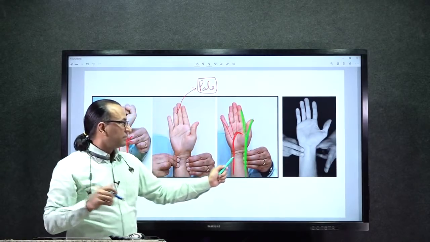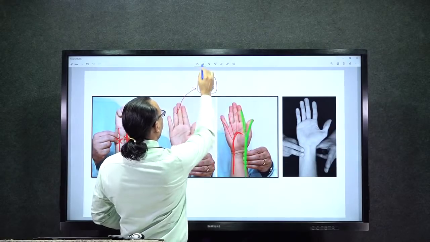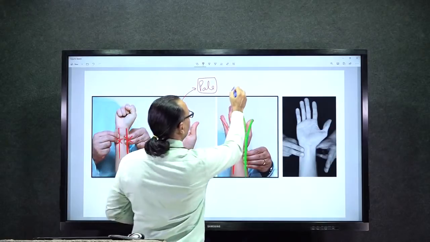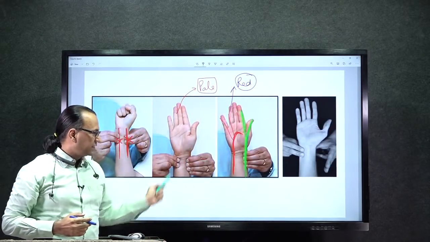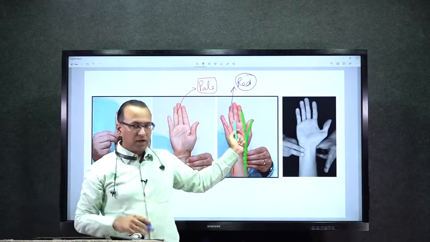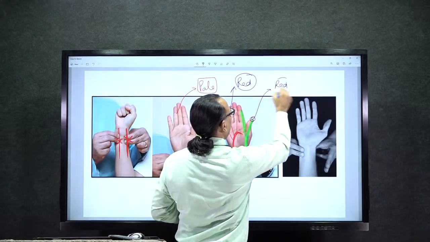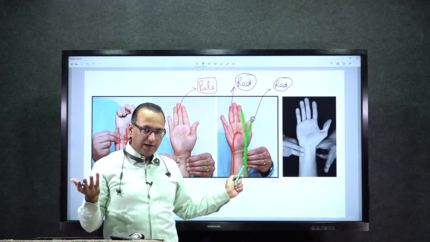You will find that this pale hand has now become red. And why did it become red? Because you released the ulnar artery. Even the thumb became red. But how did the thumb become red, despite the fact that I have already blocked the radial artery?